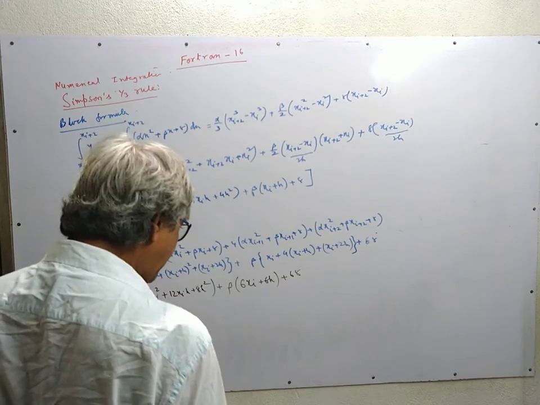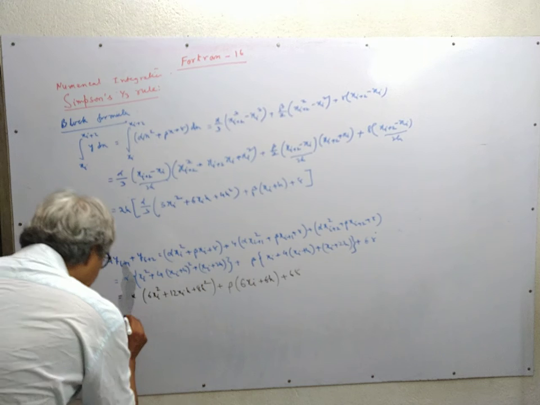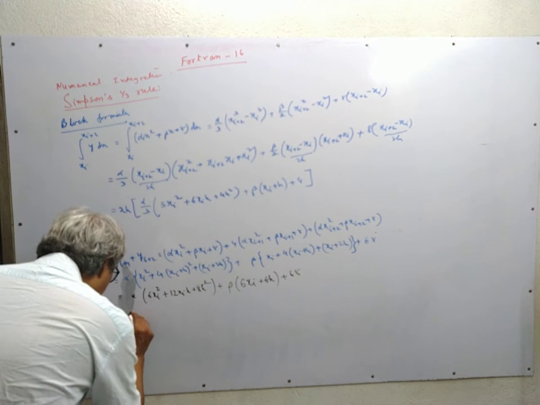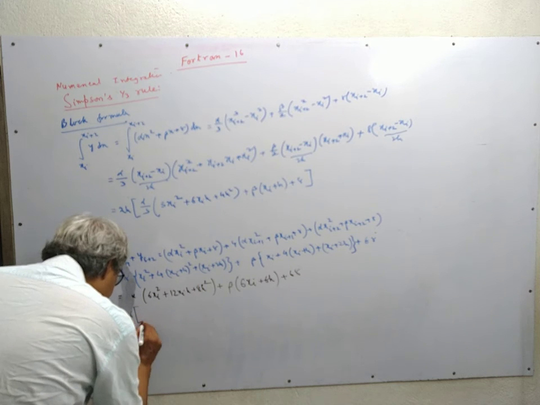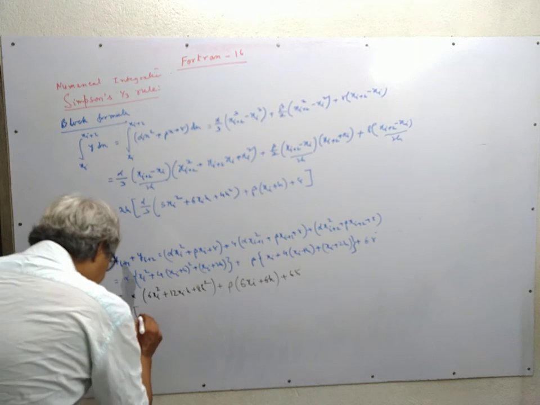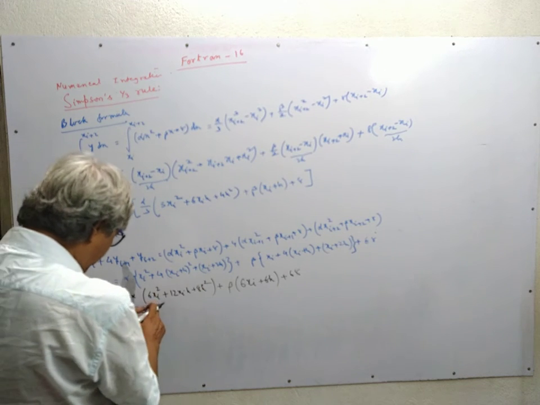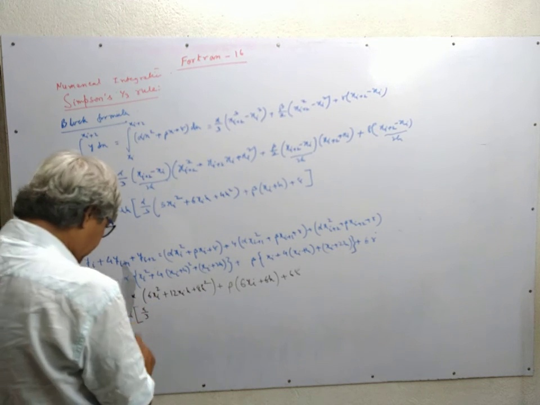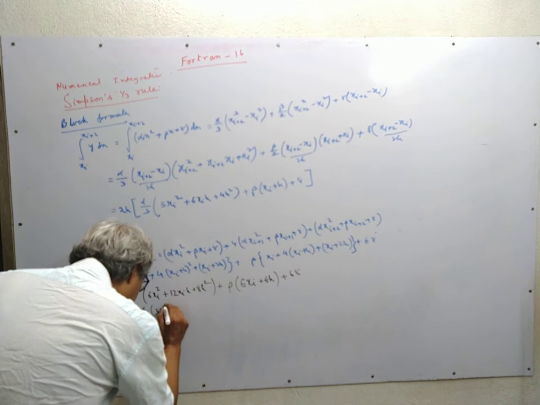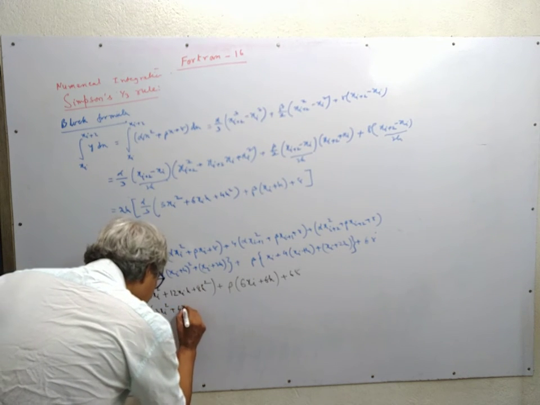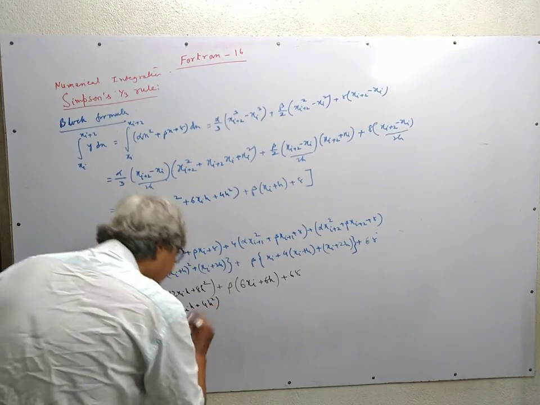If you take 6 common, then we will have 1 by 6. This is alpha y3. 6 is adjusted, 2 is taken common from this, and so this is 3 xi square plus 6 xih plus 4h square.